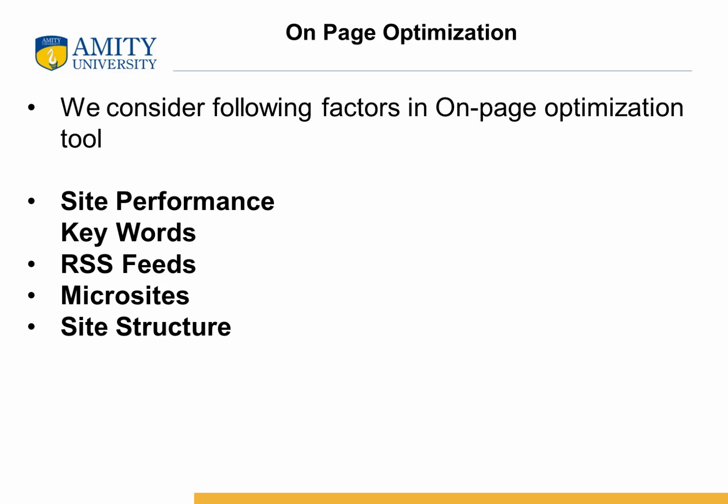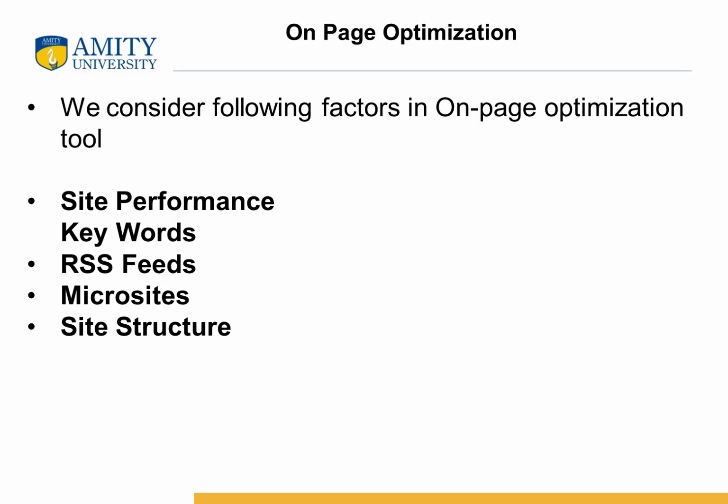So we consider the following factors to do on-page optimization. The first is the site performance: how your website is performing, how your HTML tags are placed, how your anchor tags are placed, how your heading tags are placed, place of meta tags, domain name memorability. These are a few things we consider and evaluate in site performance.